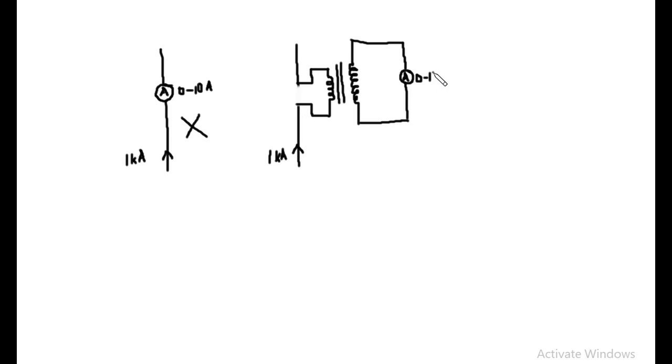You know the current relation of a transformer, I1 by I2 equals N2 by N1, right? By properly choosing N1 and N2, we can measure high current using a low range ammeter. That is the idea behind a current transformer.